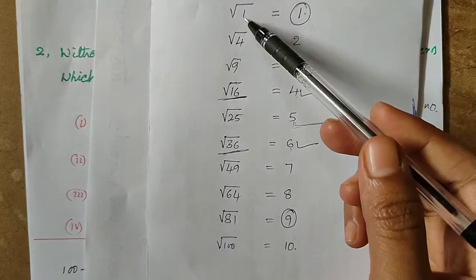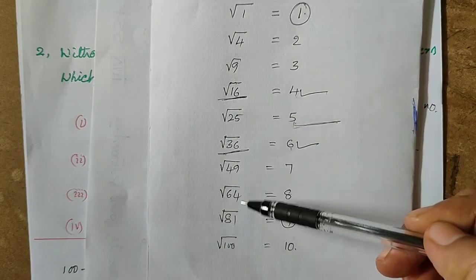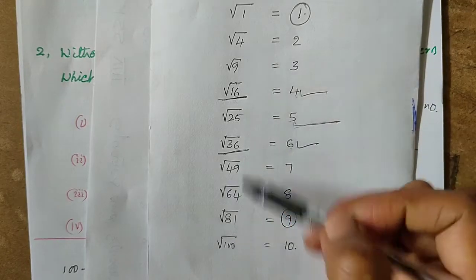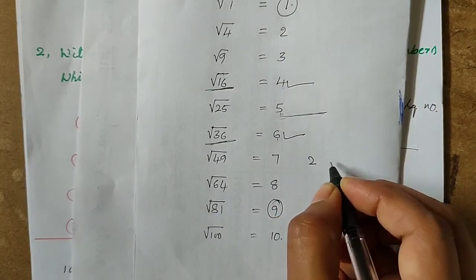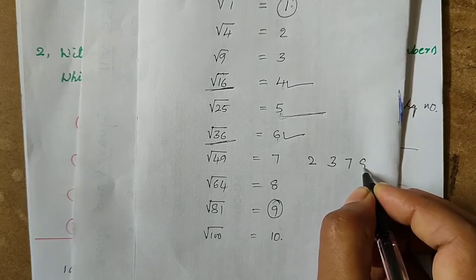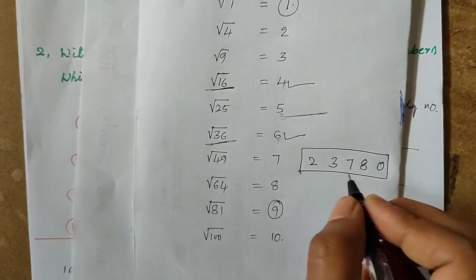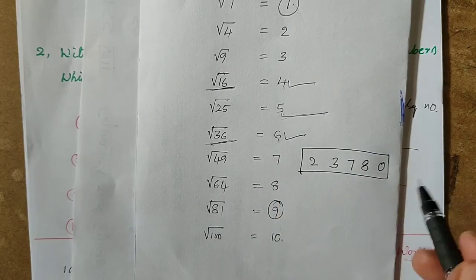The unit digits are 1, 4, 9, 6, 5 and 0. Which numbers are not coming in square numbers? 2 is not coming, 3 is not coming, 7 is not coming and 8 is not coming. So these numbers do not come as the unit digit of a square number.